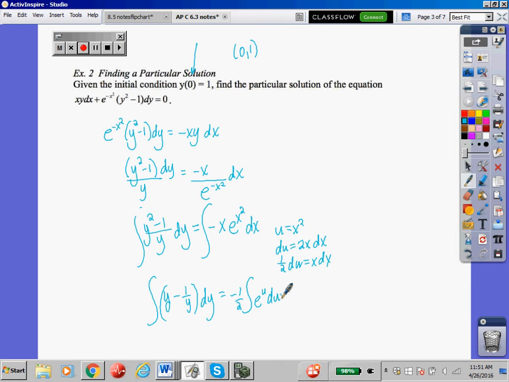Because I let u be x squared, x dx I'm replacing with 1/2 du. All right, so now let's start integrating. This is 1/2 y squared minus the natural log of absolute value of y equals negative 1/2 e to the u plus c.